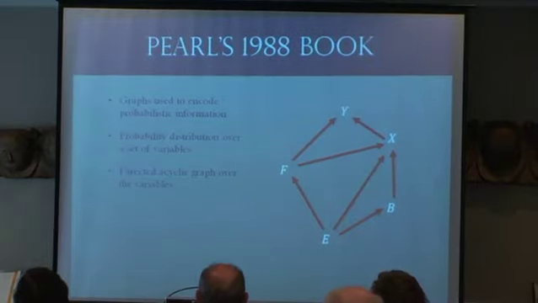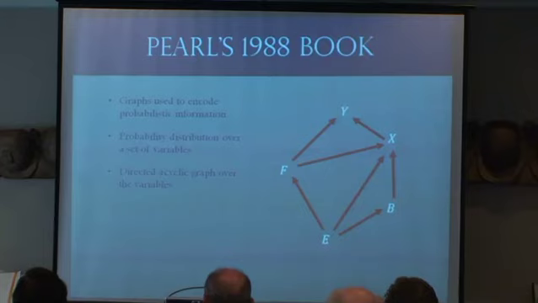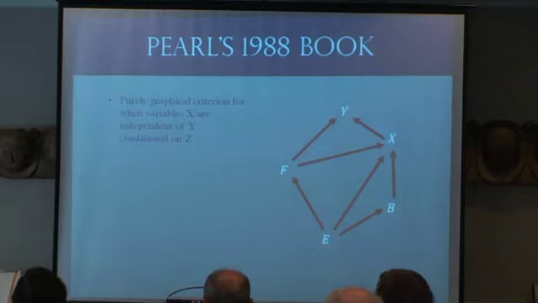And we've got a probability distribution over the variables, and we have a directed acyclic graph, and this can be used to encode various probability relations. In particular, if the probability distribution and the graph are related by a condition called the Markov condition, then what Judea shows in his 1988 book is that there is a purely graphical criterion for when we have probabilistic independence relations.